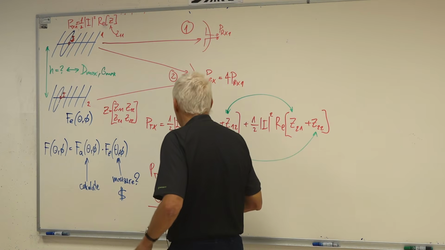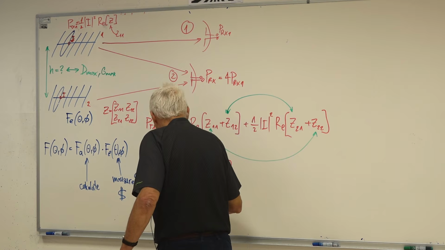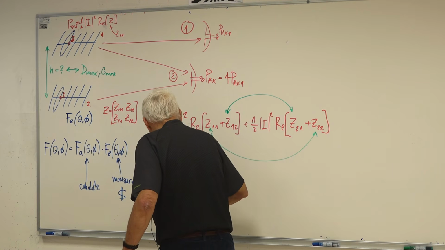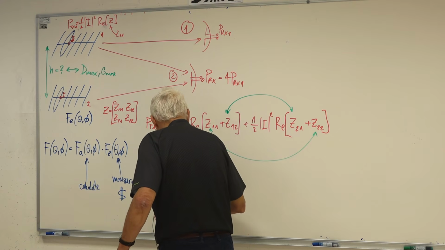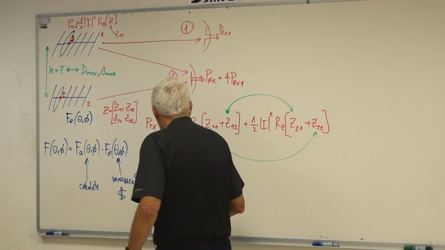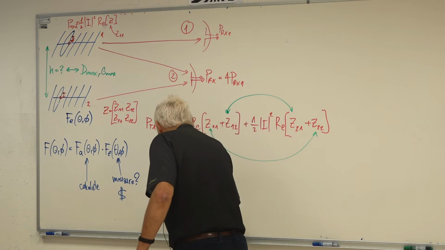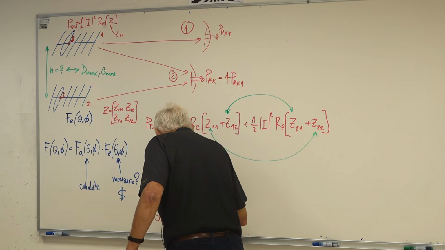In the numerator, I have the ratio of the received power, PRX in the second case, with both antennas, divided by PRX1, just one antenna. And in the denominator, I have the increment of the transmitter power. So P total of the transmitter power for both antennas divided by P of the transmitter power of the single antenna.